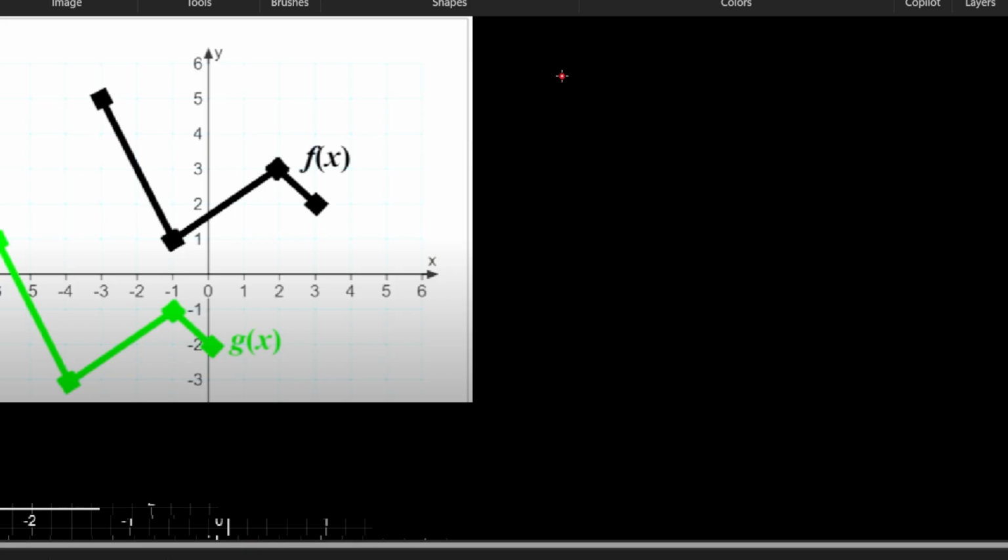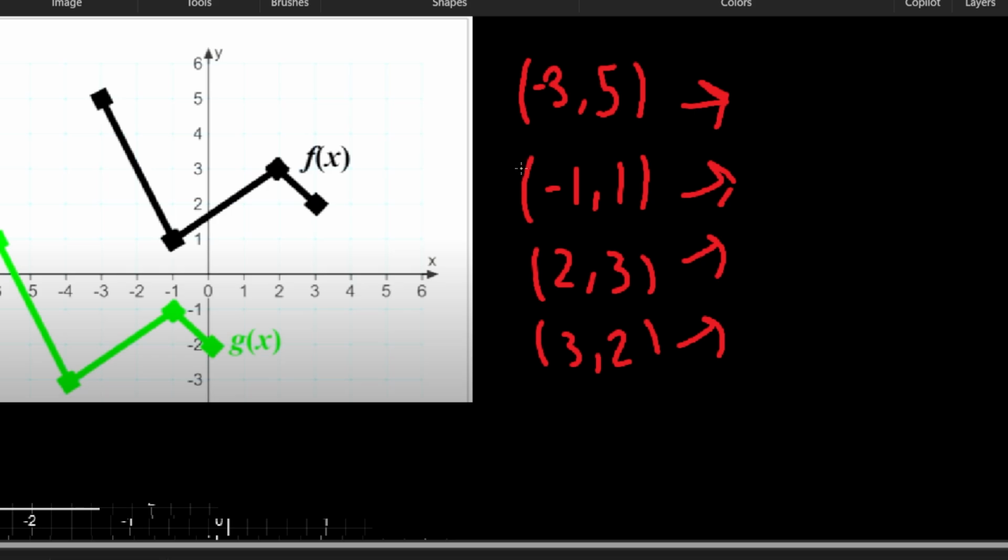Now I want you to write the mapping notation for these points here. Here's something easy to notice. This point, or really any point, because they're all so distinctive. So this point here, 1, 2, 3. The h value is equal to minus 3, and the k value, 1, 2, 3, 4, is equal to minus 4.